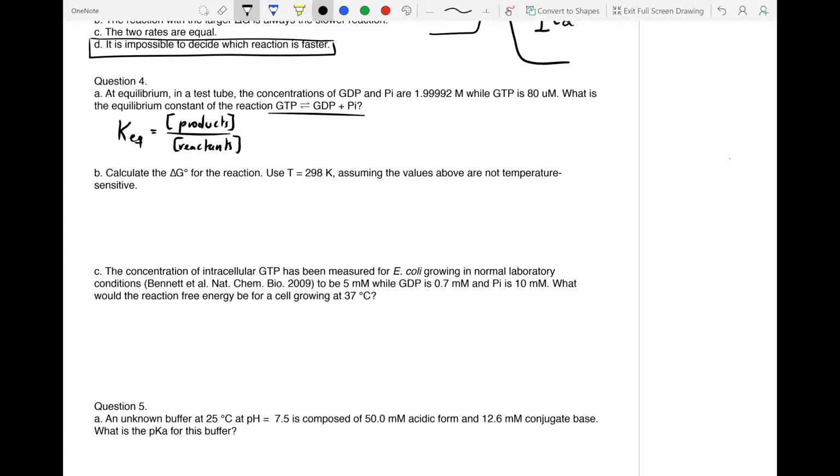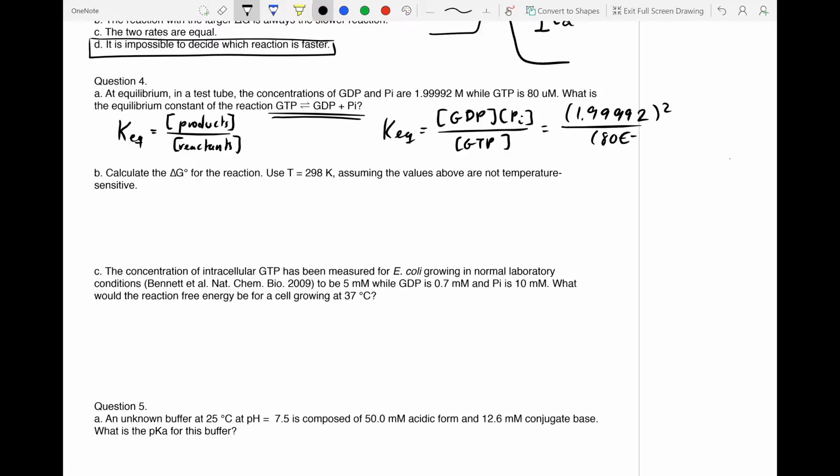And looking at the reaction equation, we come up with the following. So you just plug in those values that you're given. Let's see, so 1.99992. Square that, just 2 times.